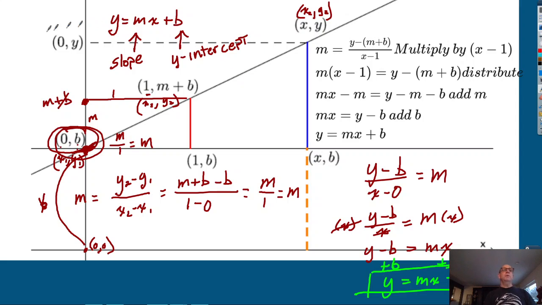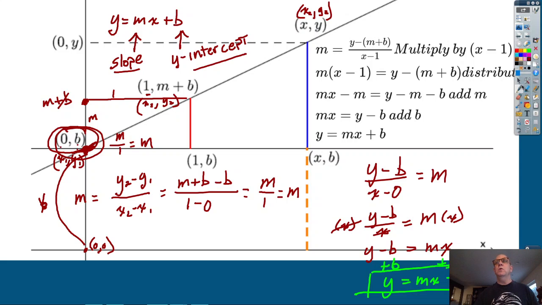So this form of the equation we call the slope-intercept form of a linear equation, because it tells you what the intercept is, where the line crosses the y-axis, and it tells you what the slope is, how fast the line goes up versus how far it goes over.